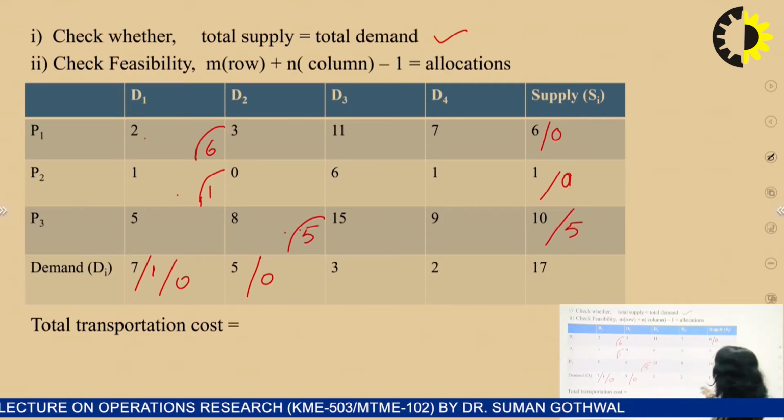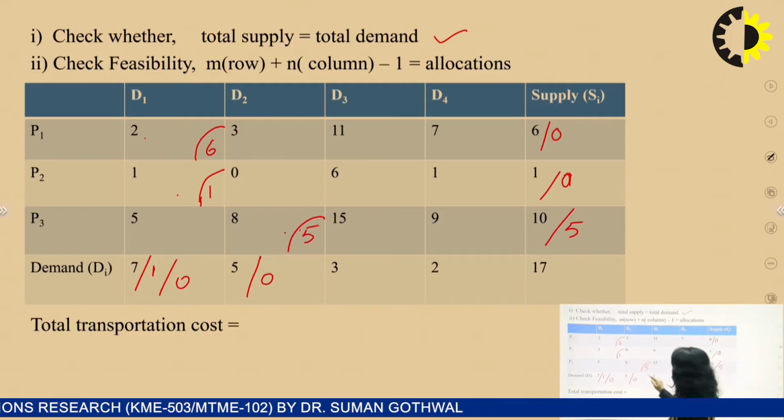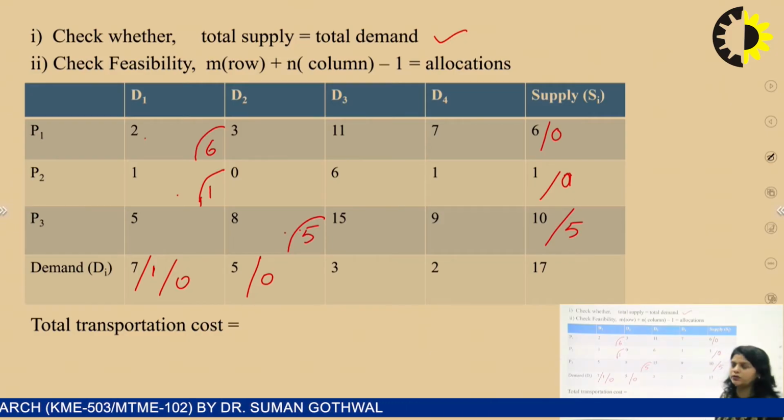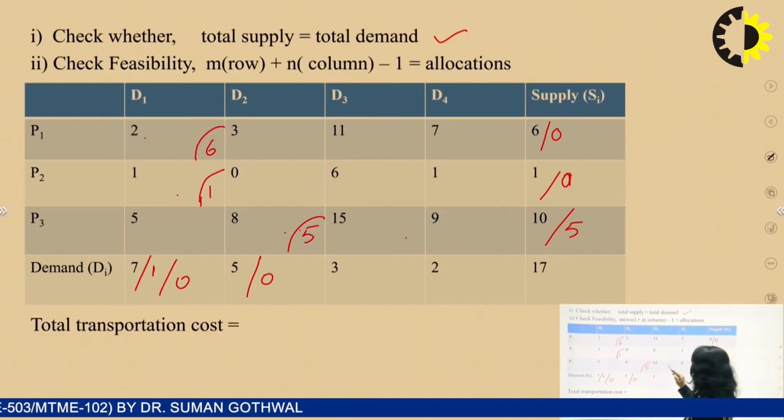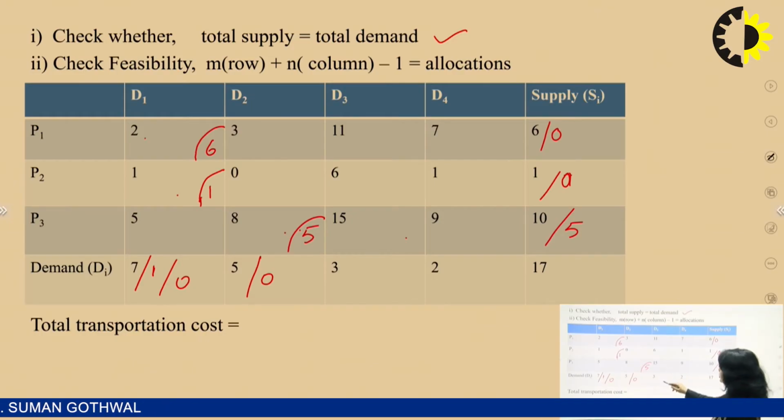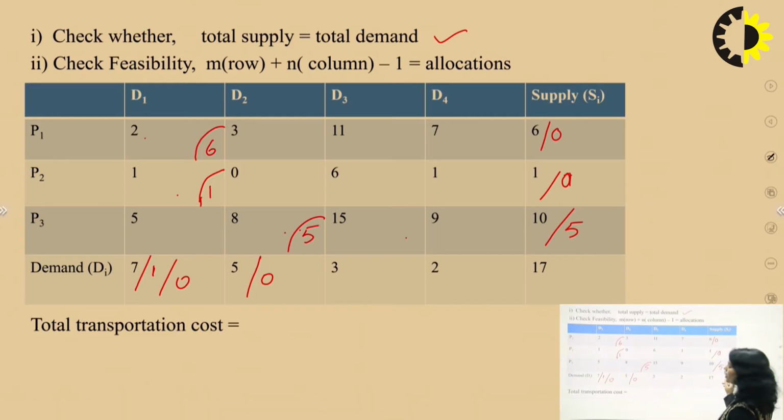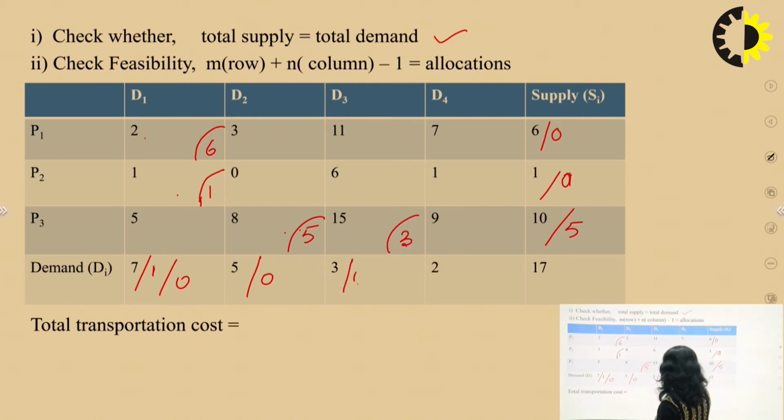Clear? Now the condition was SI was greater than DI. It means we will move horizontally, so we will come to this side. Now the demand against this is 3 and the supply available is 5. We can again satisfy the demand of 3. So it will become 0 and it will become 2.